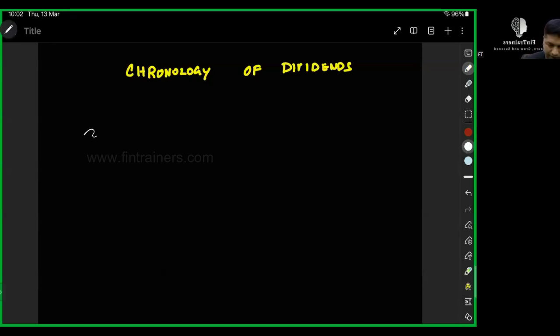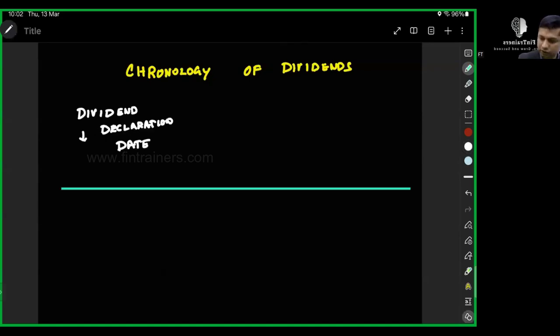That is called the dividend declaration date. Let's say that is today. And they are saying they will pay a dividend on April 15th. This April 15th is called the payment date, or dividend payout date.